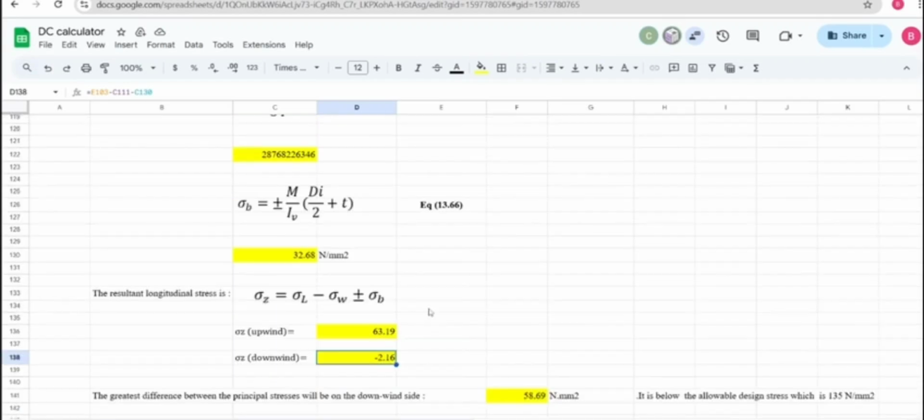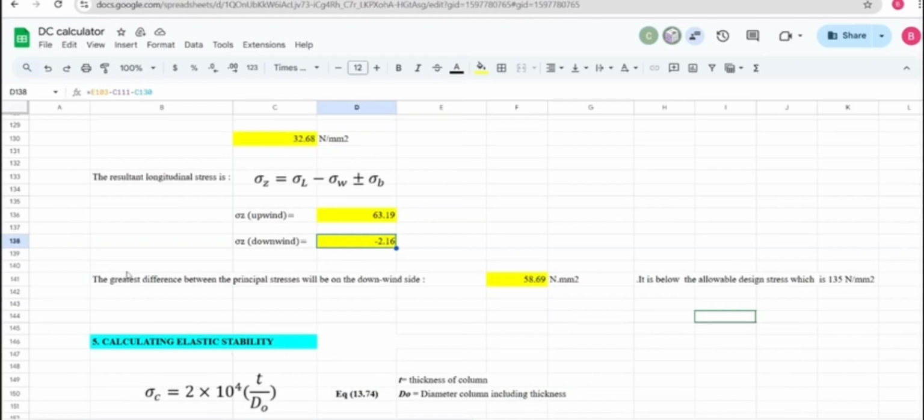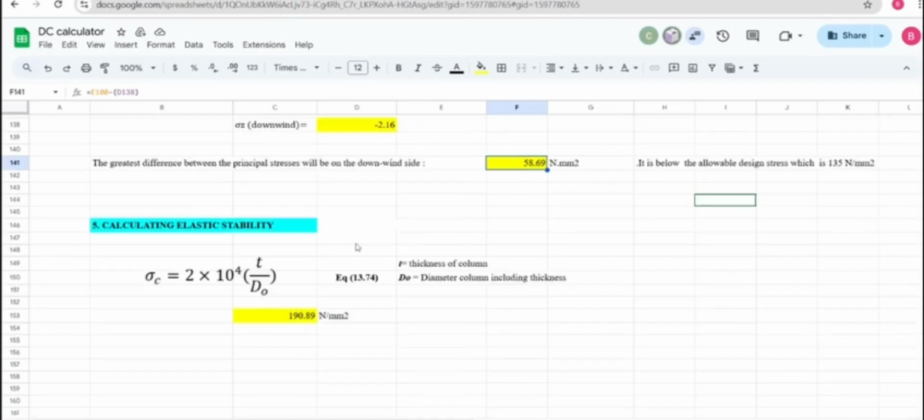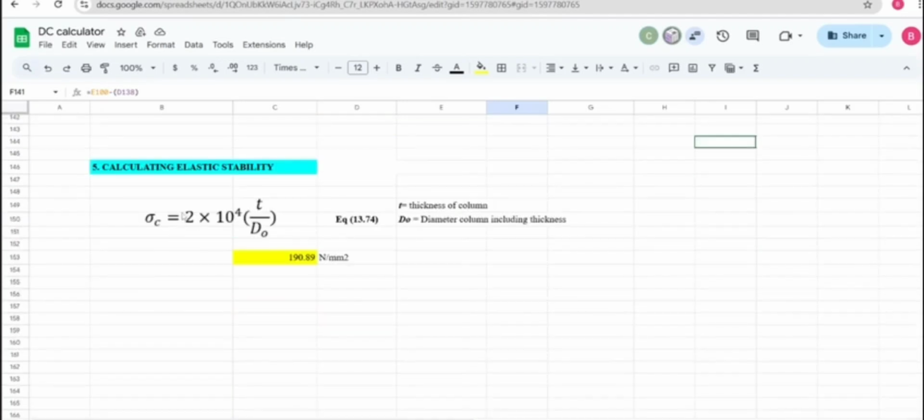From that, you can get the resultant longitudinal stress, which is this equation, upwind and also downwind. The greatest difference between the principal stress will be on the downwind side, which is 58.69.